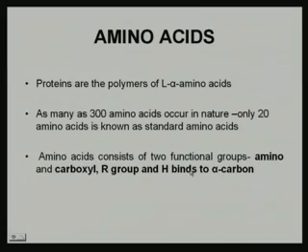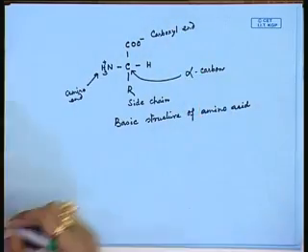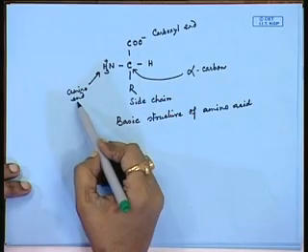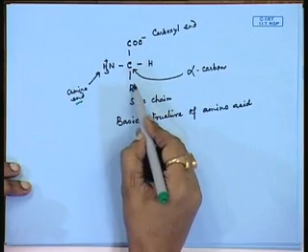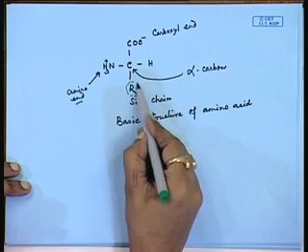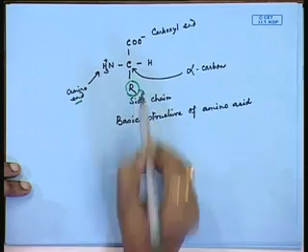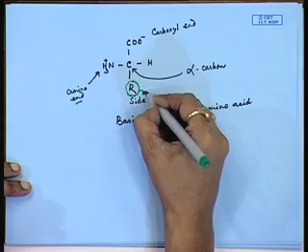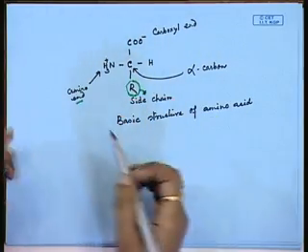If we see the structure of an amino acid, we can find that it has one carboxyl end, one amino end, and one amino acid is different from another amino acid by its R group. This is the side chain, and this side chain varies from one amino acid to another.